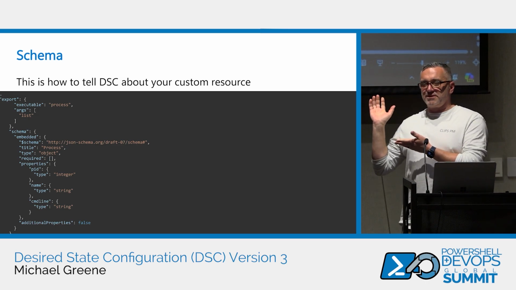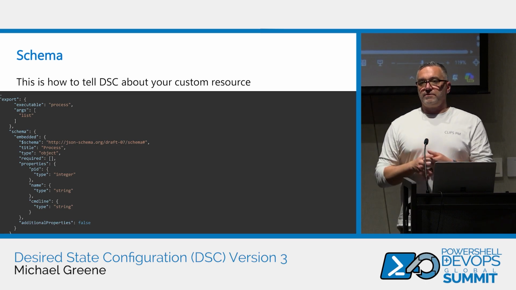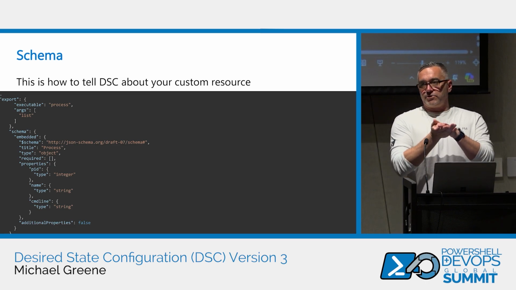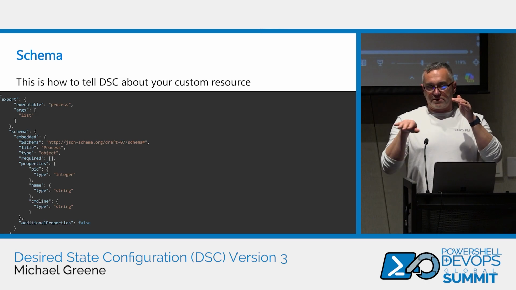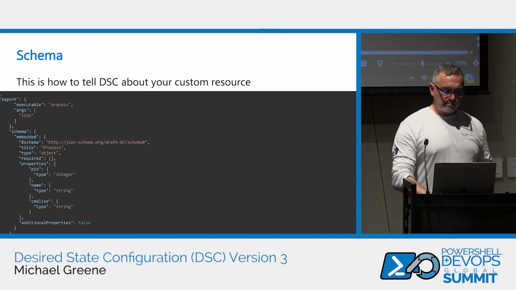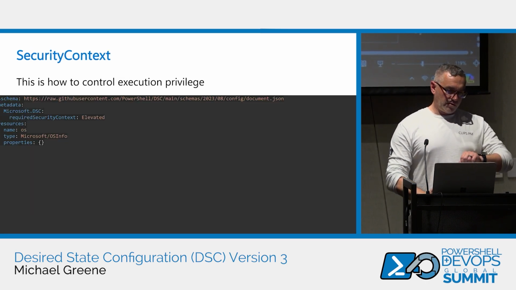The whole point is to get rid of the schema.mof file that accompanied those resources and just have that expressed in the same manifest that tells it what to run and how.